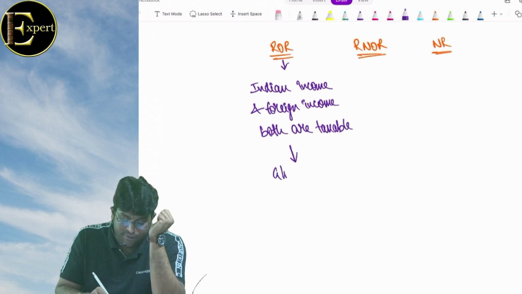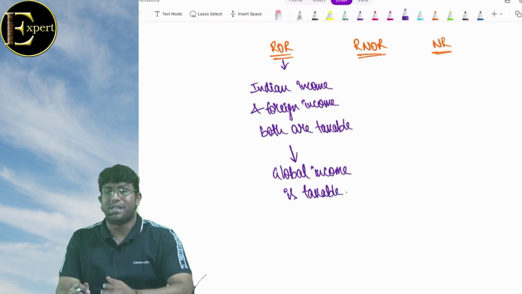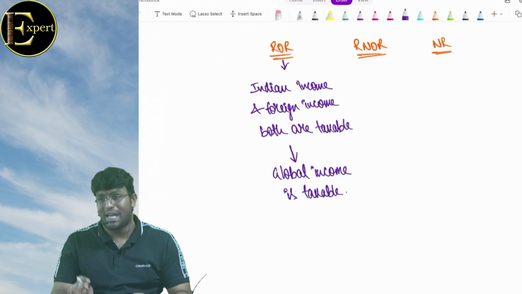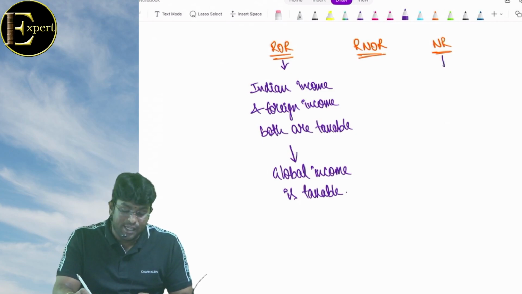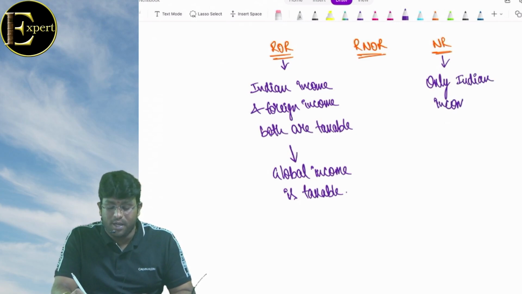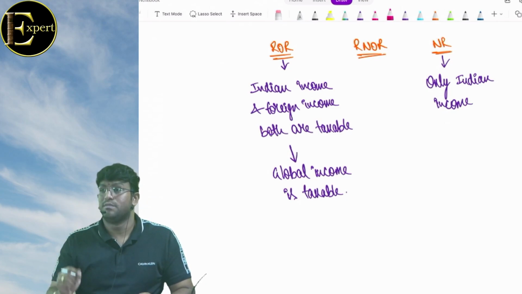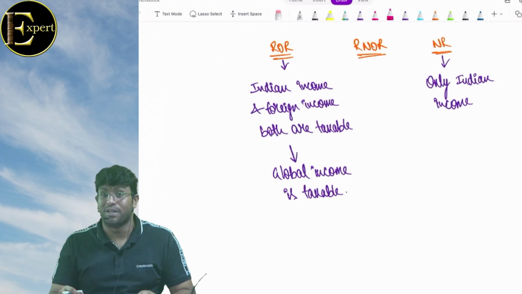In simple terms, we always say global income is taxable. Language समझ में आया क्या? What is taxable? Global income is taxable. And in case of NR, only Indian income. And NR को अगर foreign income बोलेंगे, हाँ चप्पल लेके मारेगा वो, कोई डाउट ही नहीं उसमें. Next.